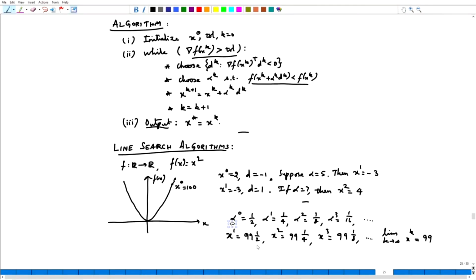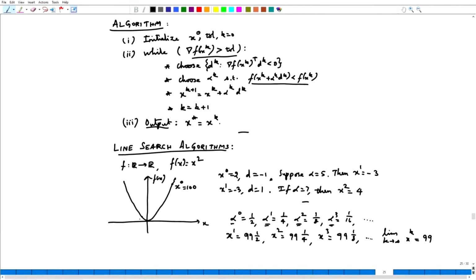The other challenge is how do you choose different values of alpha for different iterations. What happens if you choose the same value of alpha every time? Let us say I choose alpha equal to 0.5 for every possible x naught that I have.